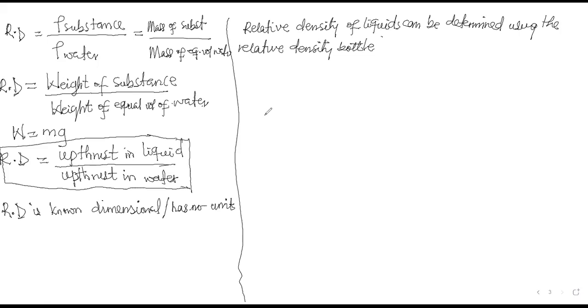Okay, this is formerly known as the specific gravity bottle. These days it is known as a relative density bottle, and it is a very small glass bottle. I'll look for the video or the picture and show it to you on Thursday.